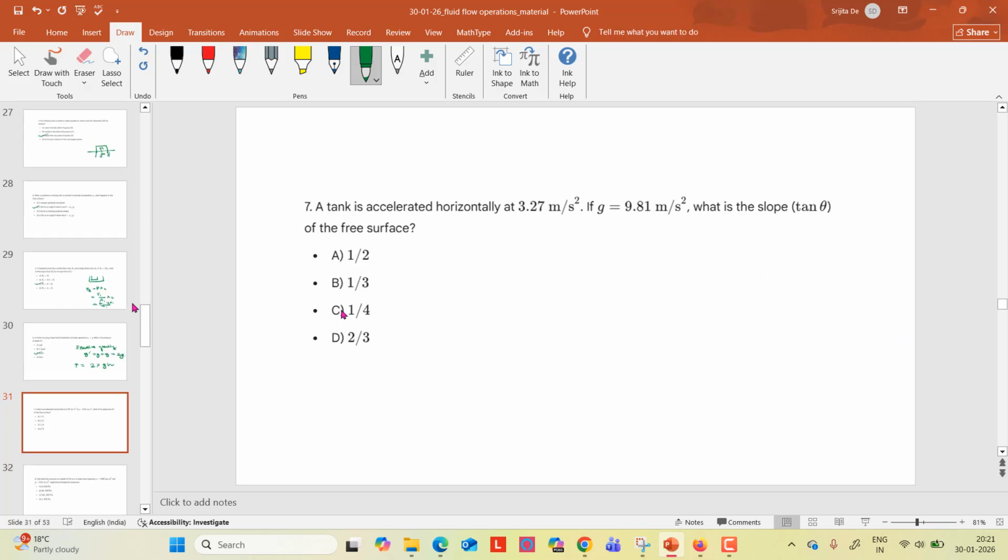Next, a tank is accelerated horizontally at 3.27 meter per second square. If g is 9.81 meter per second square, what is the slope of the free surface?